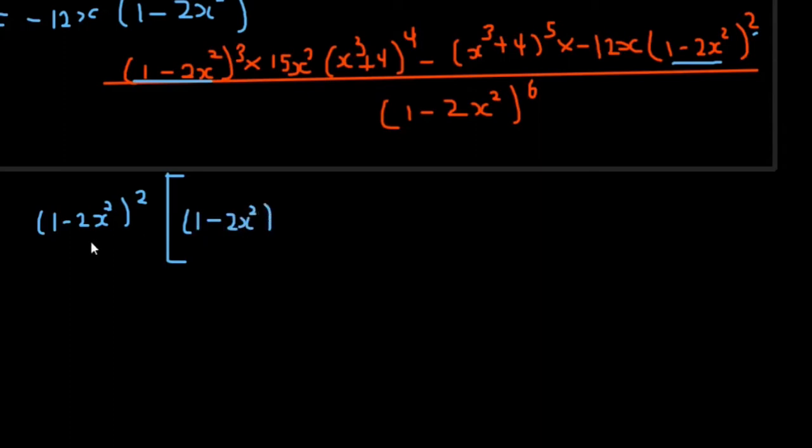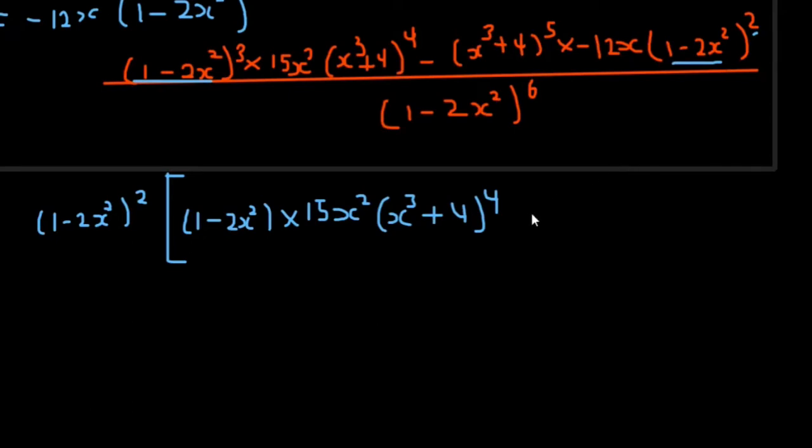Alright, so when I multiply this by this, I'll get this, times 15x to the power 2 multiplying (x to the power 3 plus 4) to the power 4. Okay, so this is for this side. Now let's write for this side also. So already I have this squared out.